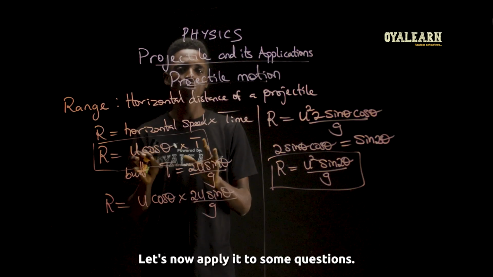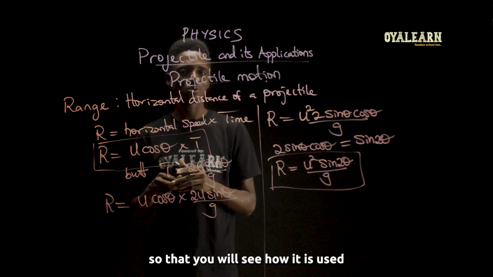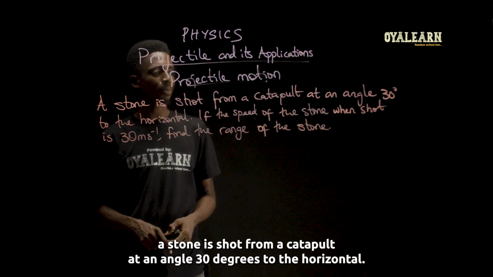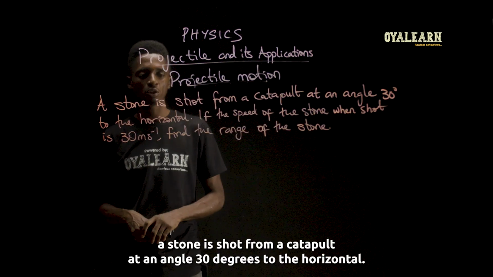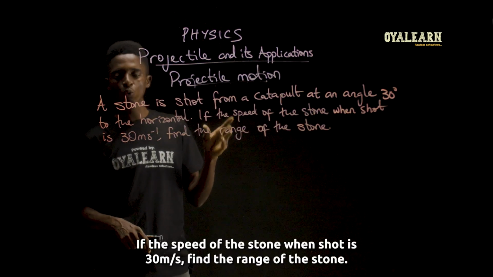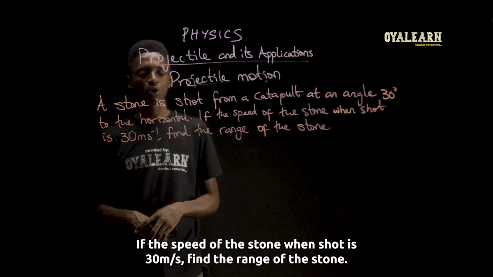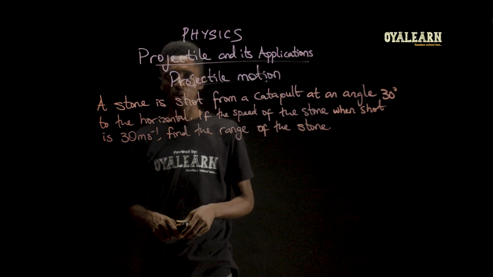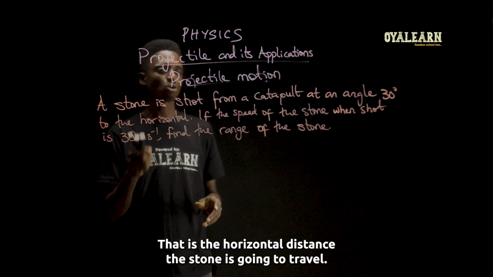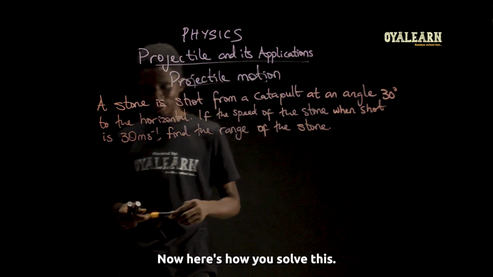Let's now apply it to some questions so that you see how it is used. A stone is shot from a catapult at an angle of 30 degrees to the horizontal. If the speed of the stone when shot is 30 meters per second, find the range of the stone. That is the horizontal distance the stone is going to travel. Now, here's how you solve this.